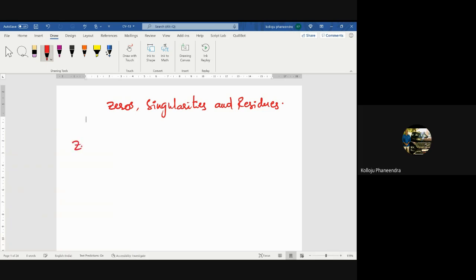The first definition: zeros of an analytic function f of z. What is the definition? A zero is nothing but a root.